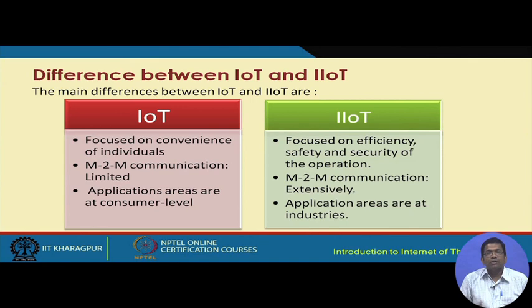So, one machine talks to another machine, the second machine talks to a third, the third to a fourth and so on. This is quite extensive in the industrial sector, IIoT. So, IIoT heavily depends on machine to machine communication. Whereas IoT traditionally focuses on applications at the consumer level, IIoT basically focuses on applications at the industrial level, at the enterprise level.